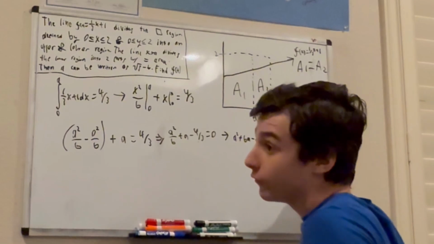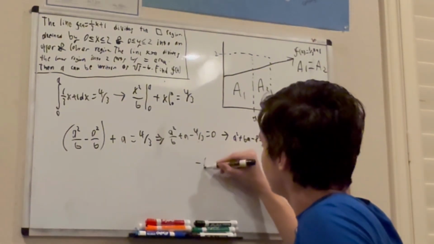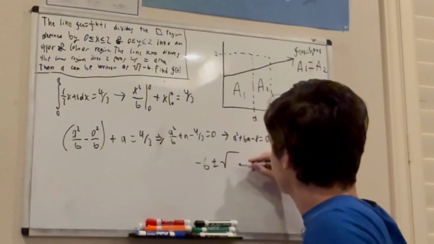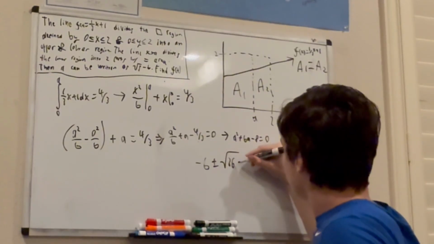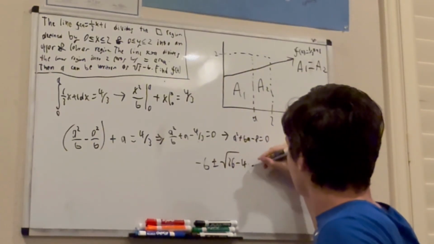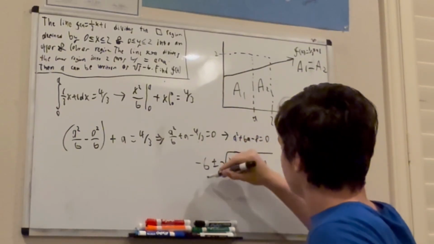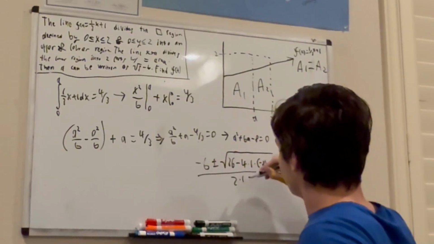We can use the quadratic formula. So we get negative b, which is 6, plus or minus the square root of 6 squared, which is going to be 36, minus 4 times 1 times negative 8, divided by 2 times 1.